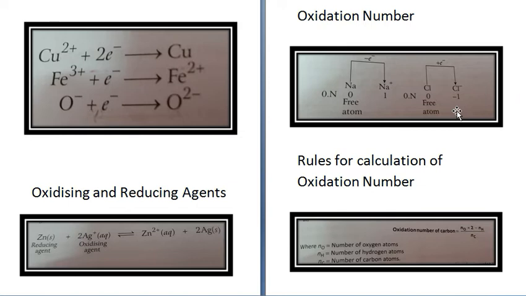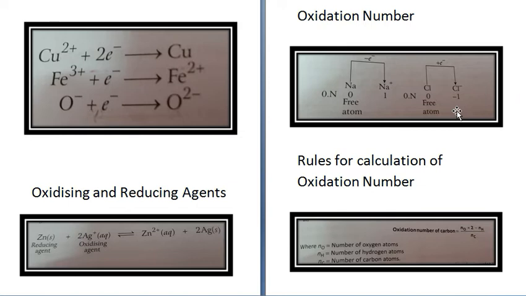Third rule is the oxidation number of oxygen is -2 in all the compounds except for peroxides, superoxides and oxygen fluorides. Apart from these three, wherever oxygen is there, oxidation number is -2. Like in the case of peroxides, oxygen has oxidation number -1, H2O2.